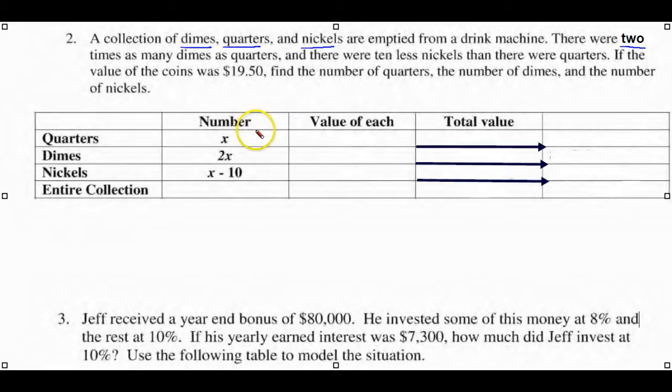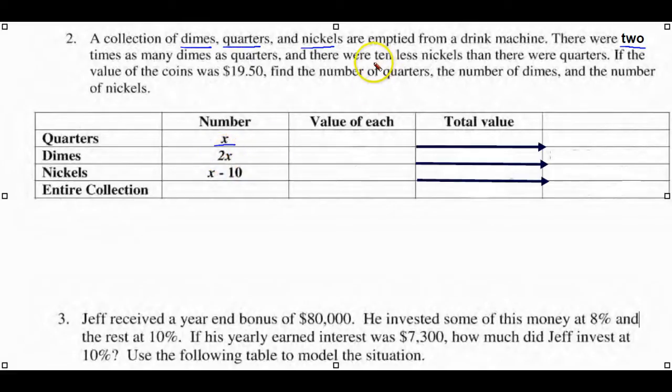Now, we're setting this up in that we don't know anything about the number of quarters. So we're going to call that X. Now as you read it, there were 2 times as many dimes as quarters. So 2x, the number of quarters, times 2.